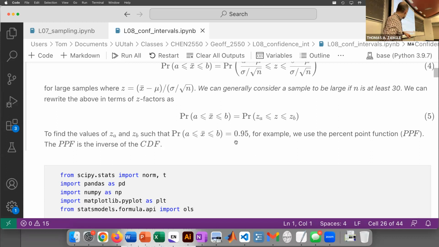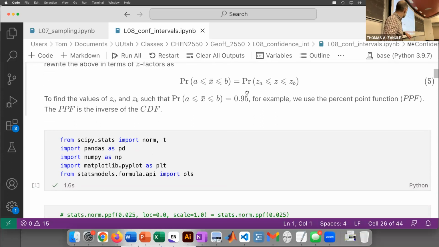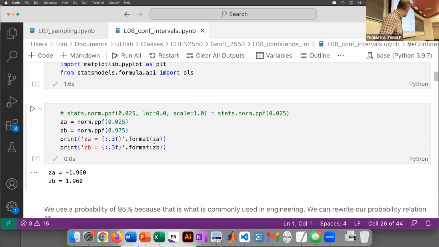So for example, in this case, we're going to find the z-scores such that the probability of finding our mean between A and B is 0.95. If we want 95% confidence that our mean lies within that particular interval, we can define this down below.